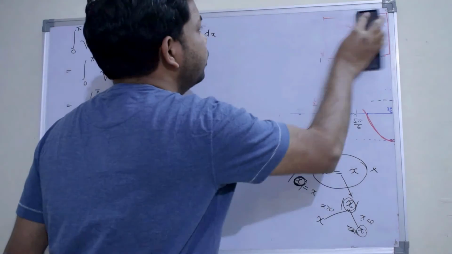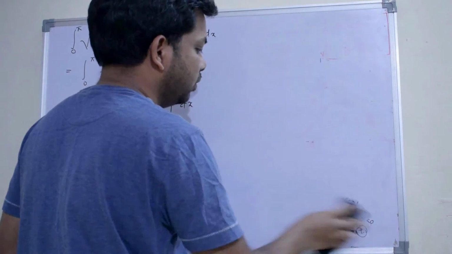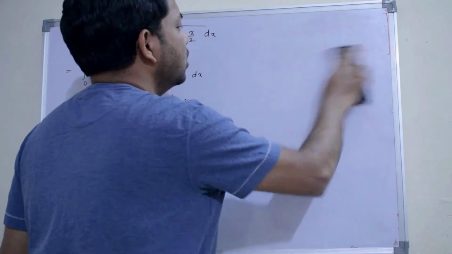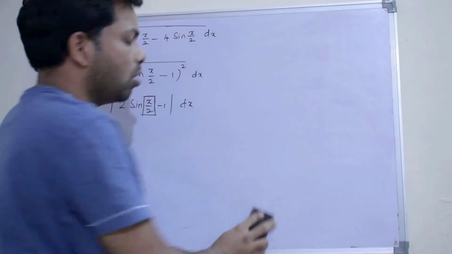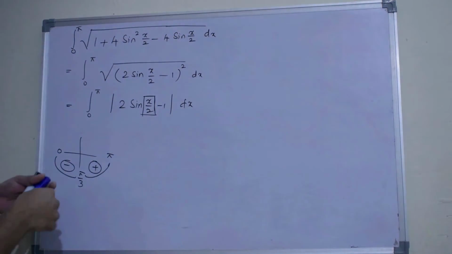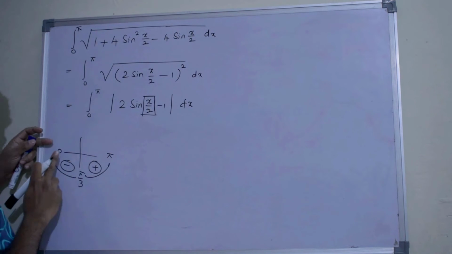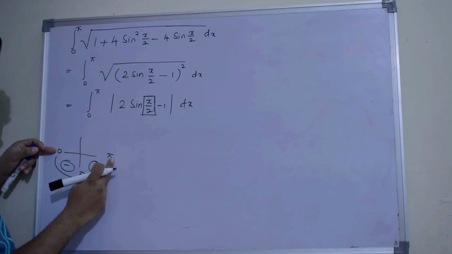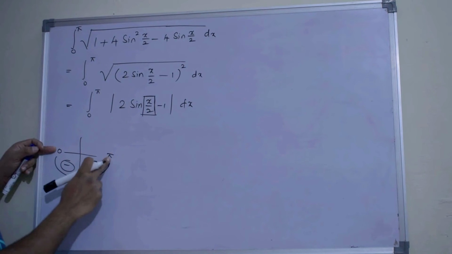So using the graph, I decided when the function inside the mod is positive. What I will do is split this integral 0 to pi as 0 to pi by 3 and pi by 3 to pi.